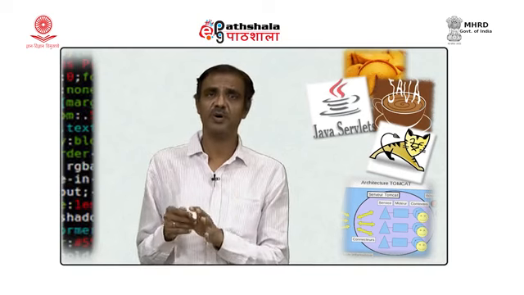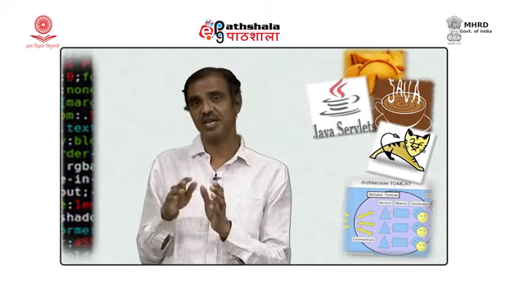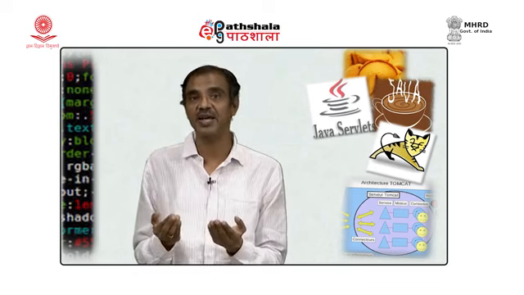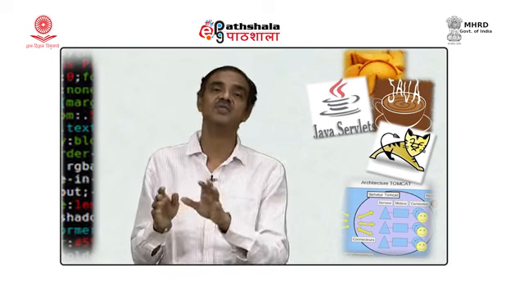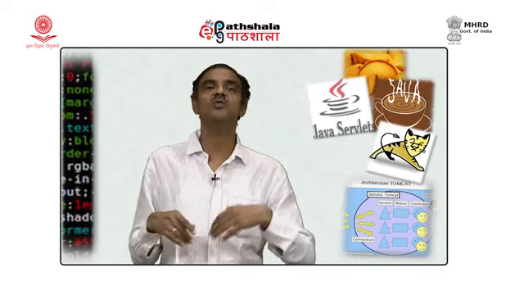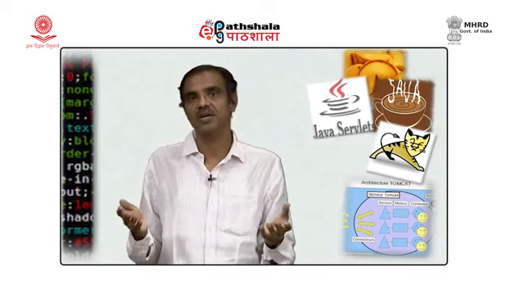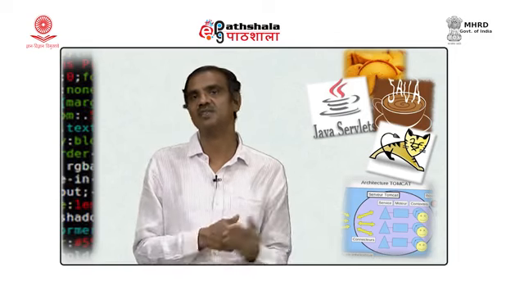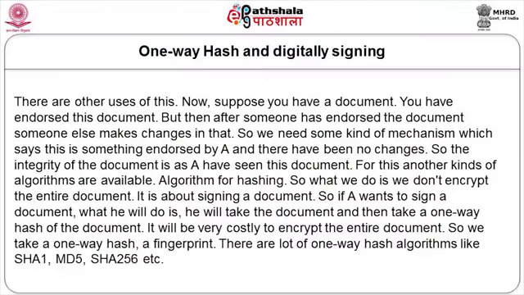And because what he has got has been obtained by applying the public key of A, B is sure this is a message from A only. No one else could have encoded using the private key of A. The private key of A is with A. So, this is a mechanism which works fine.